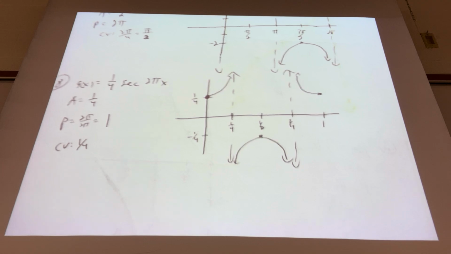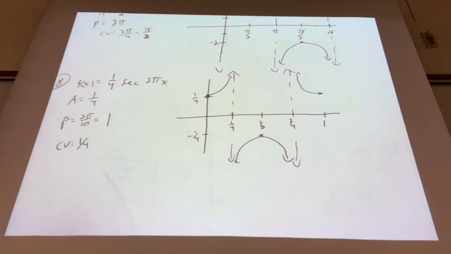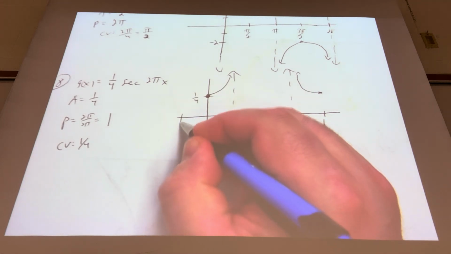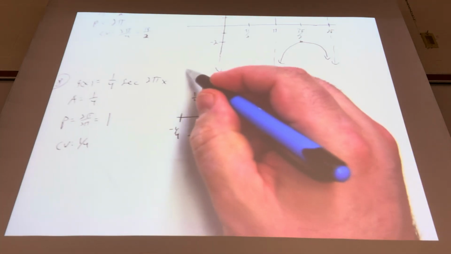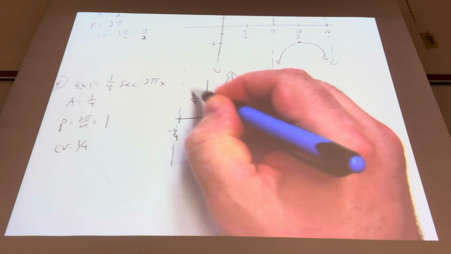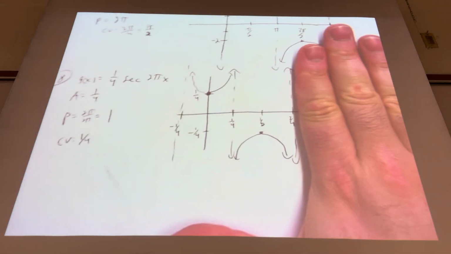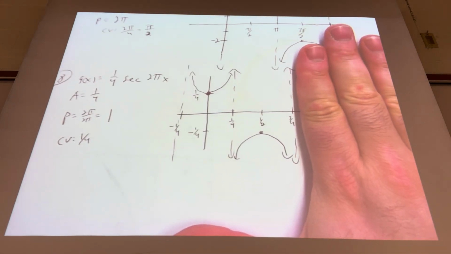Now, I will tell you, here are some of the issues, especially some of you found out checking answers with the back of the book. They don't always start at 0 and just move to the right. They move both directions. So what you're going to see in the book is they're probably going to have a negative 1/4 here and have a graph looking like this, and that's going to be their answer.